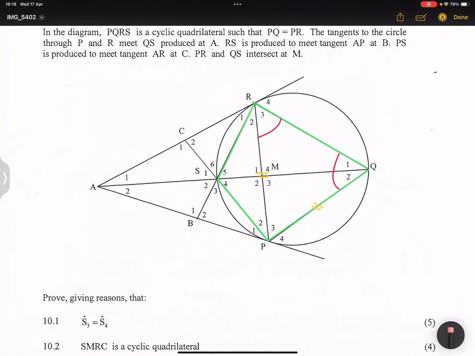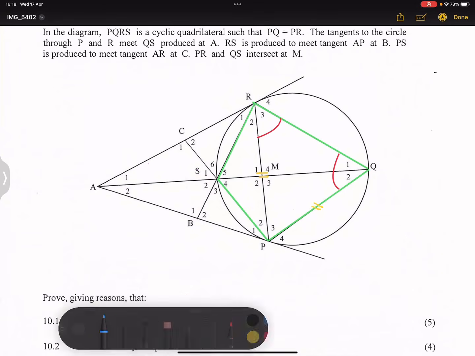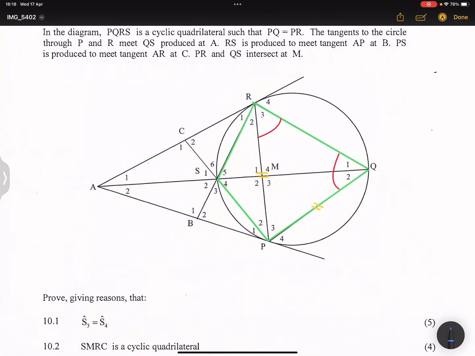Ladies and gents, I'm going to show you a method in this case where you solve by making one of the angles equal to x. So we're going to identify one angle. We must prove that S3 is equal to S4.